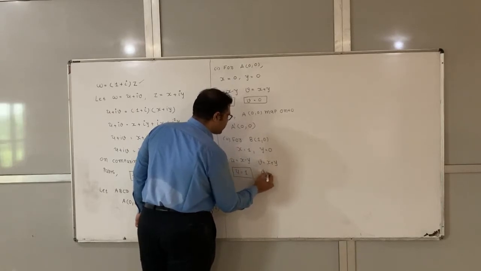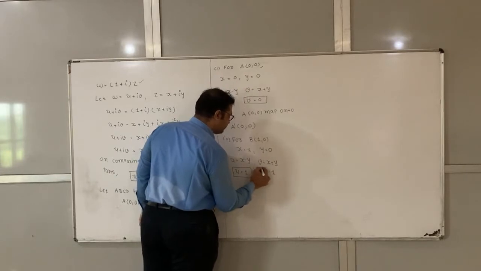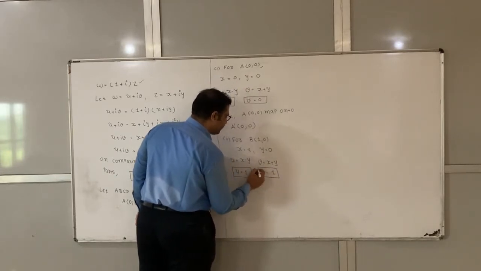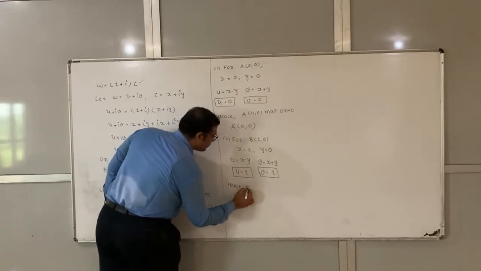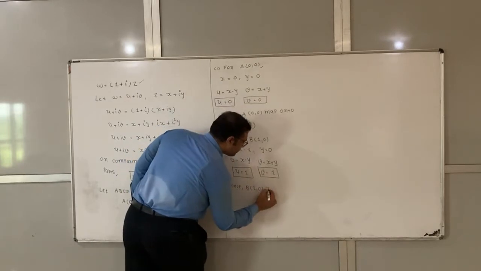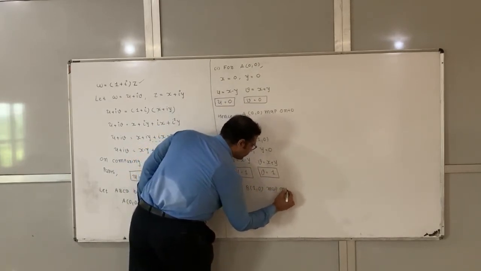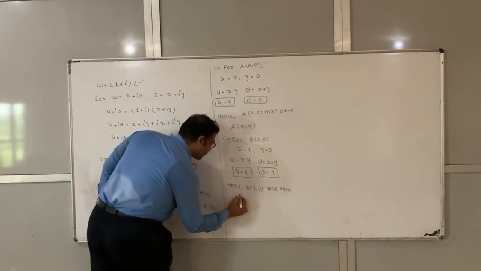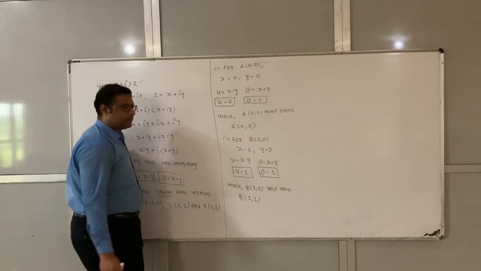So you will get v is equal to 1. Hence B (1, 0) maps onto B dash (1, 1).